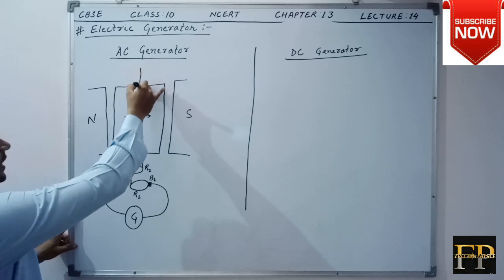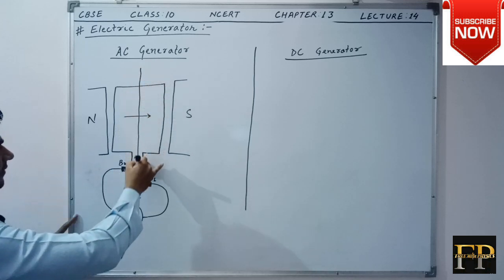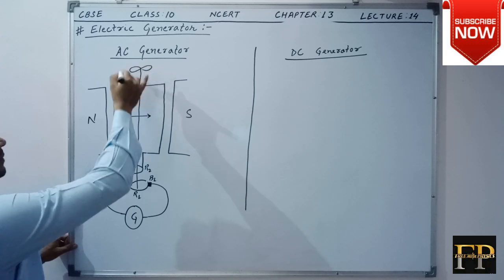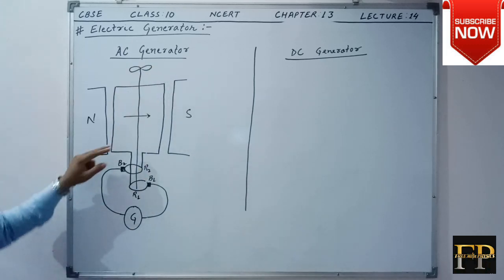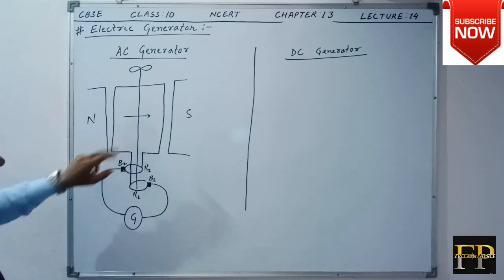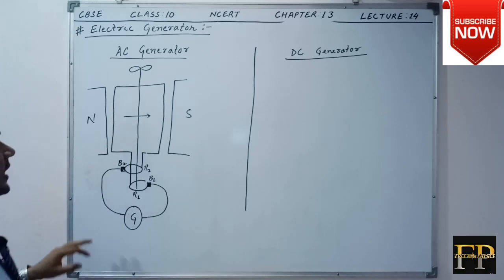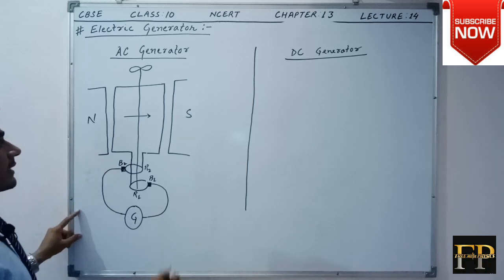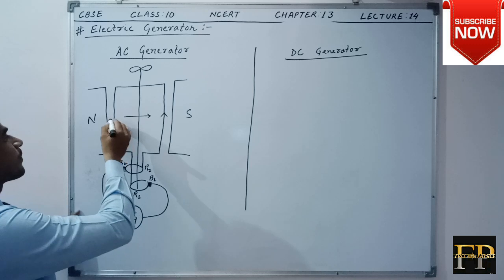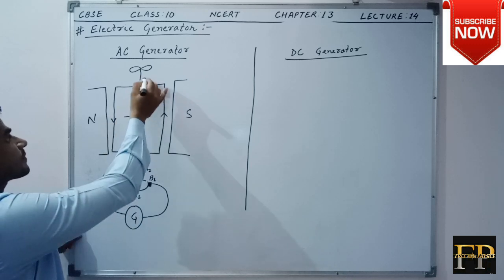In between the coil there is a shaft, and at this end there is a turbine to rotate this rectangular coil. When this rectangular coil is rotated, electric current is generated in it.